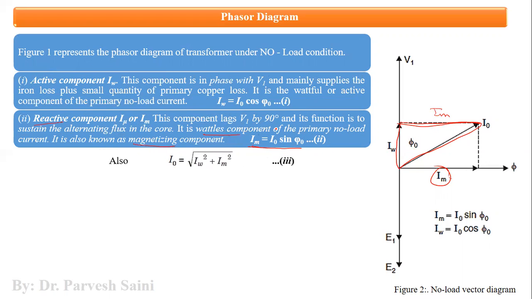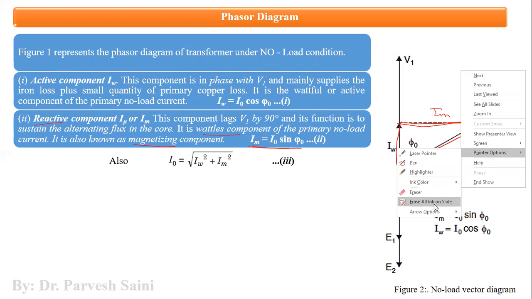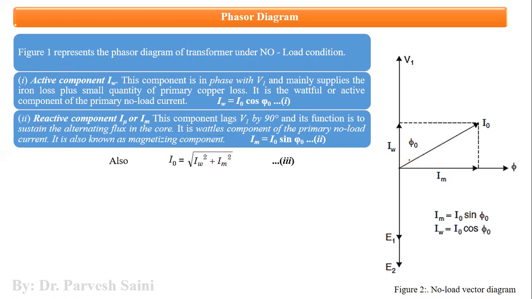Here, as you see, this I naught is the resultant of the two components Iw and I mu, right? So it can be obtained by using the parallelogram law of vector addition.